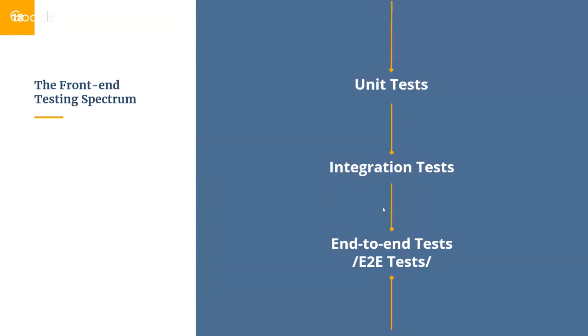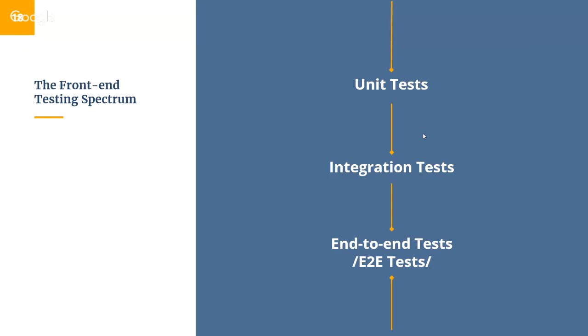Here, as you can see, the smallest tests are the unit tests because, as we mentioned, they test a very small part of our code, just a simple unit. It can be a simple function, an object, just a simple unit in isolation.